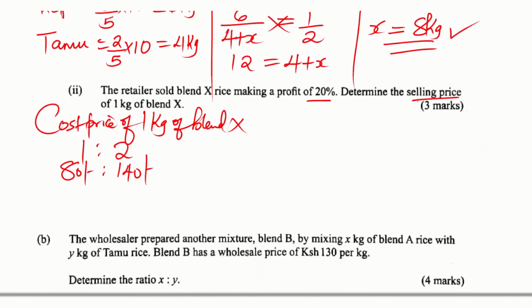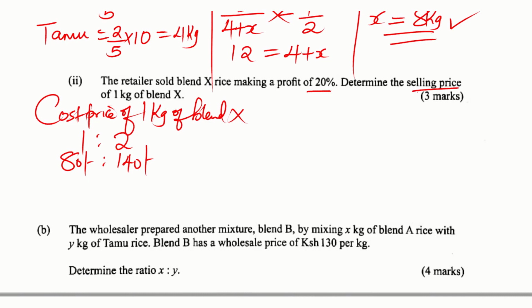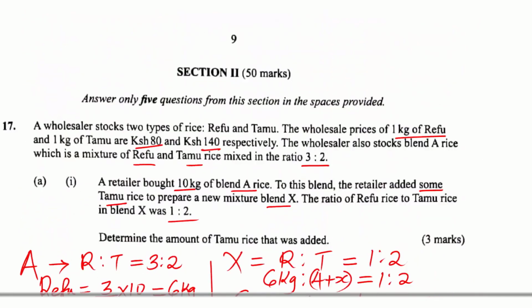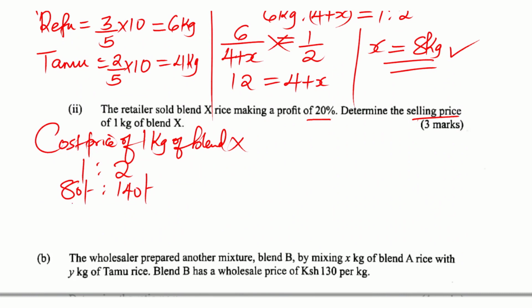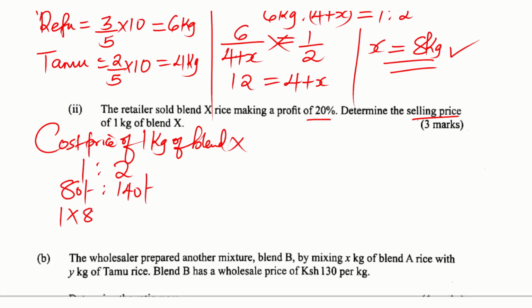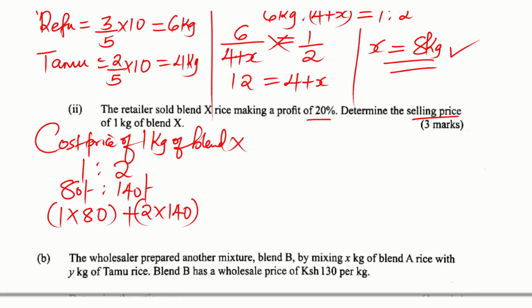Now, having the ratio in which it was mixed and the wholesale price of 1 kg of tamu and refu, we can get the cost price of 1 kg of the mixture. You do it like this: 1 times 80 plus 2 times 140, noting that this comes from the ratio 1:2.